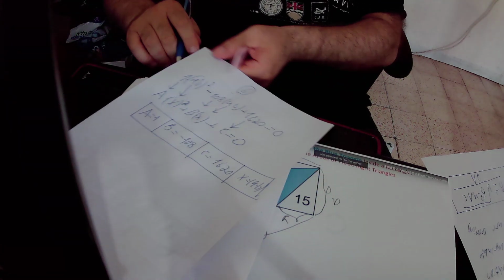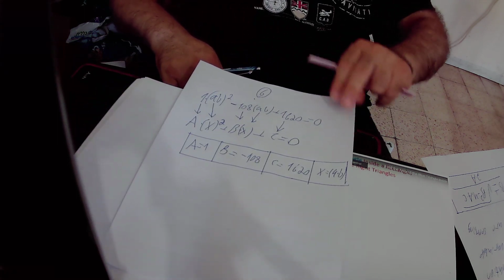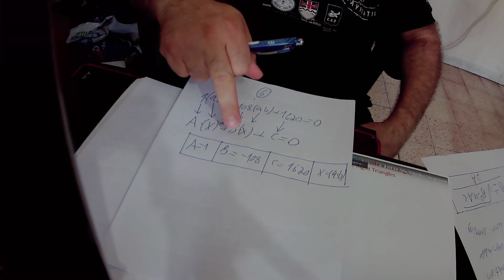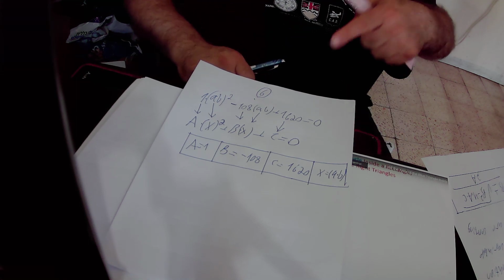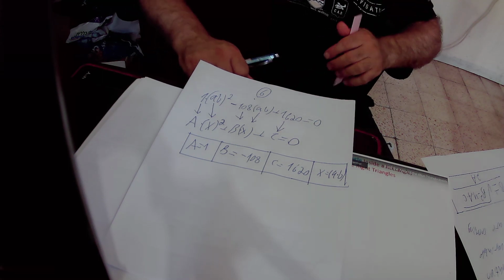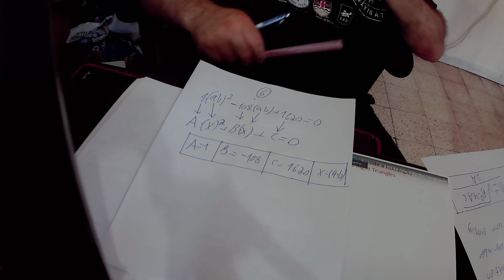Okay, a equals 1, b equals negative 108, c equals 1620, and x equals a times b.